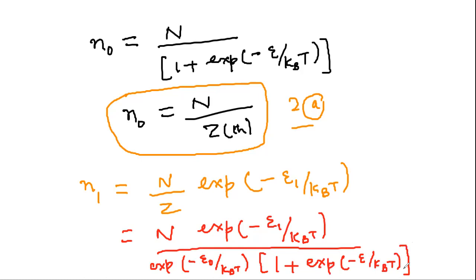This is the result for N1. N1 is N by Z exponential of minus epsilon 1 by kT. Then we substitute it for Z: exponential of minus epsilon naught by kT times 1 plus exponential of minus epsilon by kT.